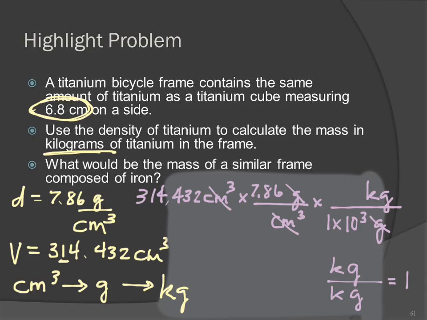What if instead of kilo, we write 10 to the third? Kilo equals 10 to the third. So that's still 1, isn't it? Isn't that beautiful? It works with all the metric prefixes. Centi is 10 to the minus 2. Milli is 10 to the minus 3.